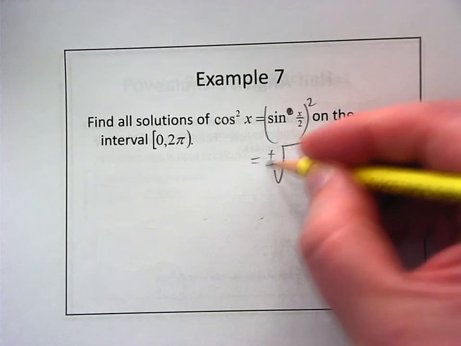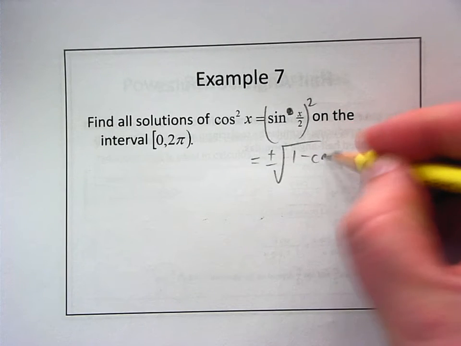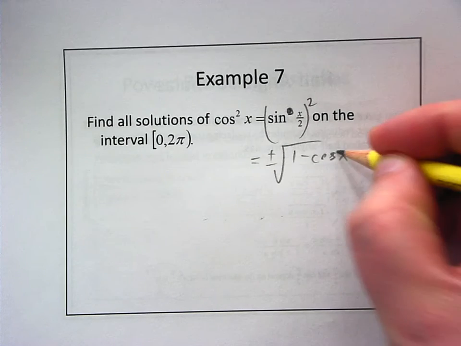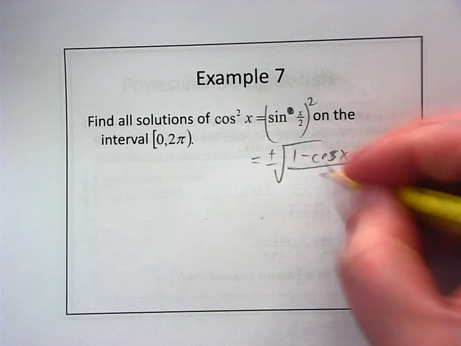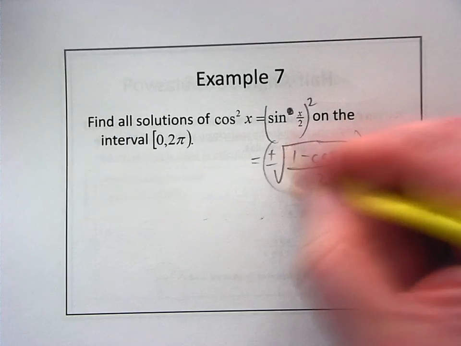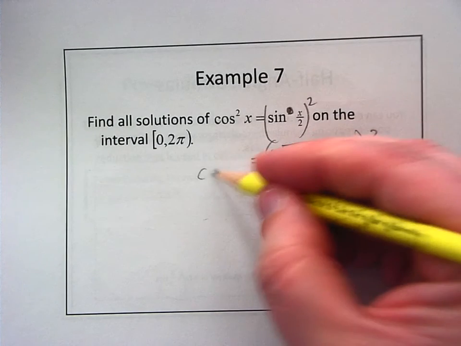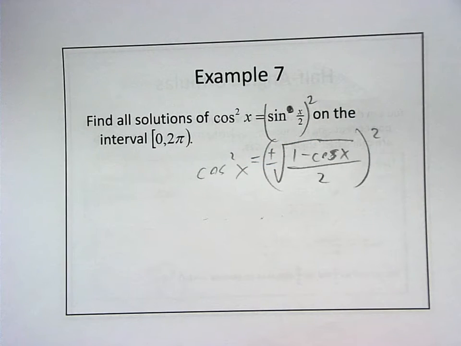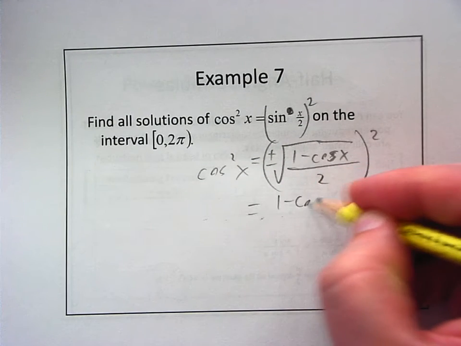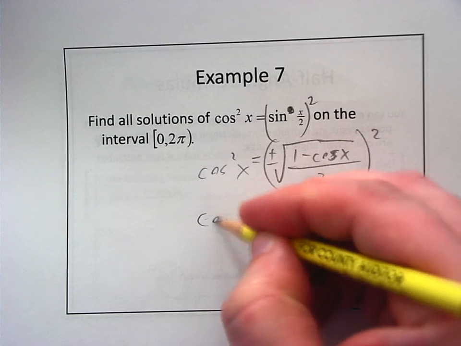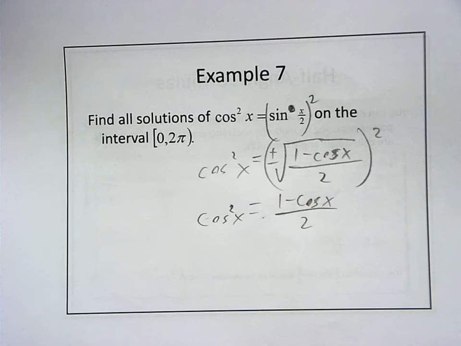That's plus or minus the square root of 1 minus cosine of x, the numerator there, over 2. And since I'm squaring that, what's going to happen to the plus or minus and the square root? Those are gone. So it's just going to turn into 1 minus cosine x over 2 equals cosine squared x. Then what do I need to do in order to solve this?